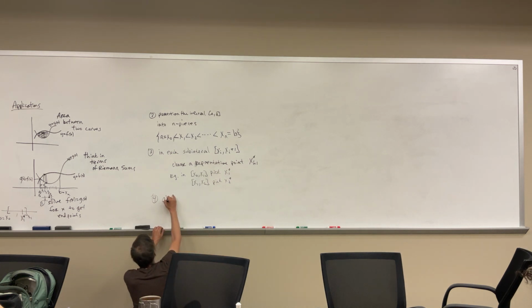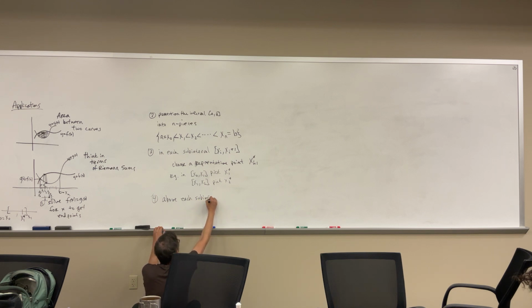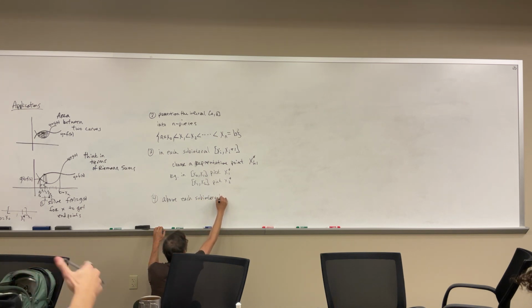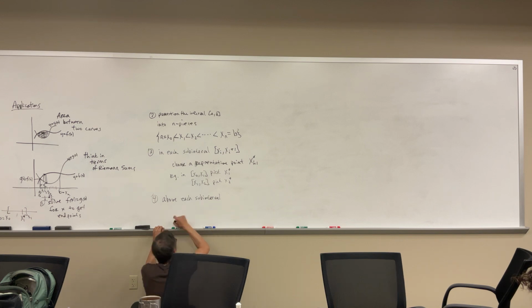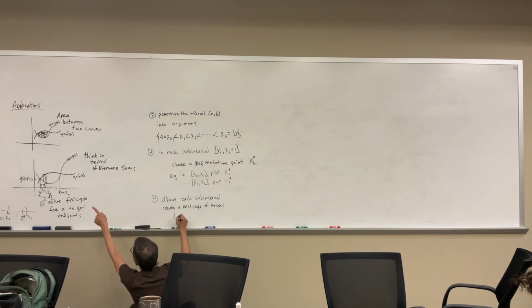Above each subinterval, we'll draw a picture in a second here. Create a rectangle of height f of x sub i star minus g of x sub i star.